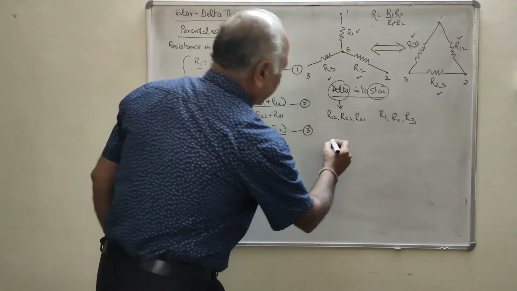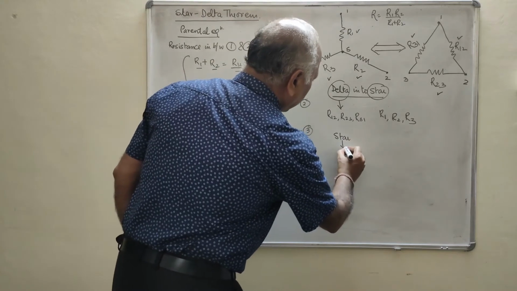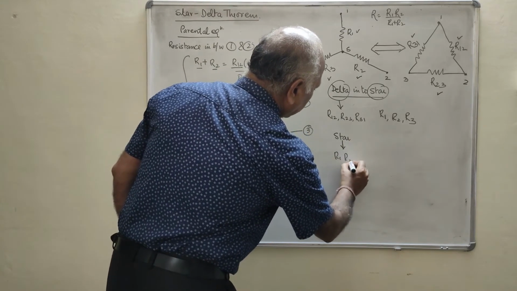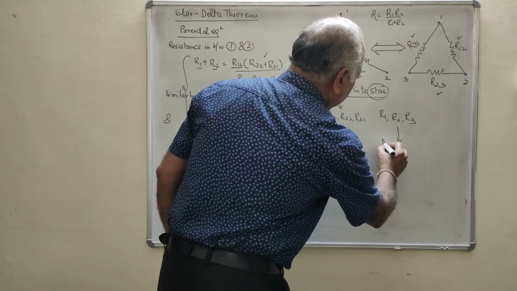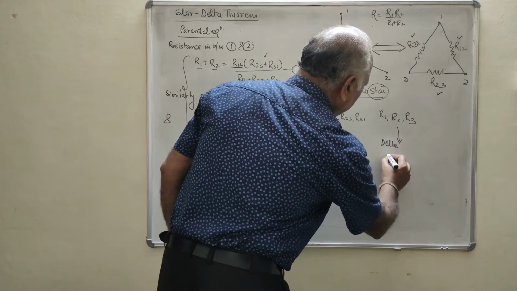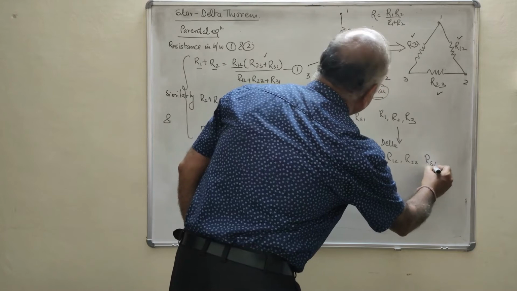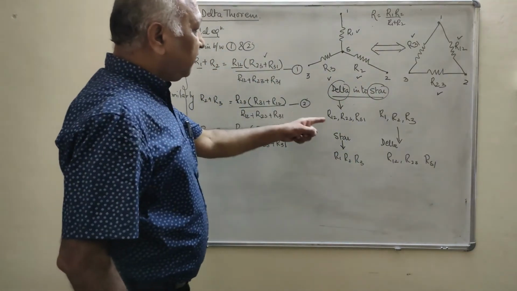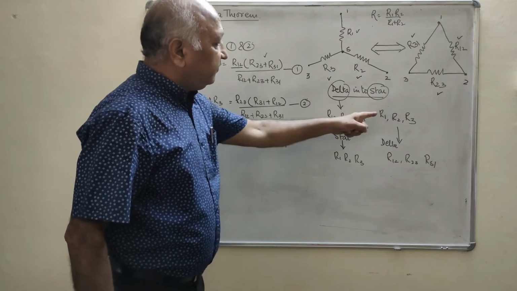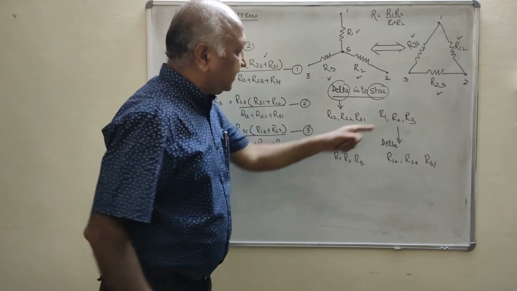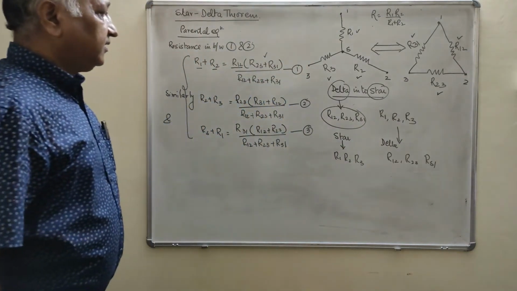When we say this is the star, the known values are R1, R2, R3 and the unknown values in delta are R12, R23 and R31. So first of all we are converting the delta into star. That means we have to write R1, R2, R3 in terms of R12, R23 and R31.